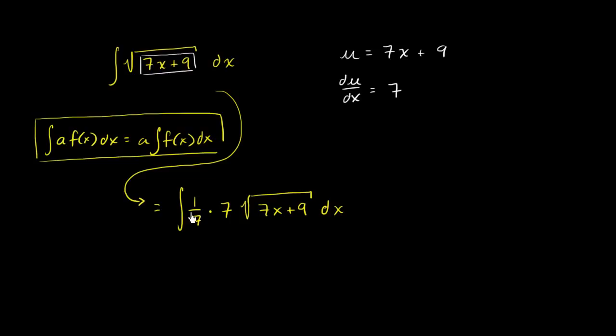And if we want to, we could take the 1/7 outside of the integral. We don't have to, but we could rewrite this as 1/7 times the integral of 7 times the square root of 7x plus 9 dx.